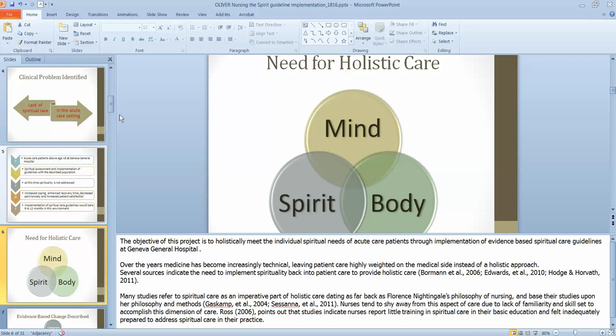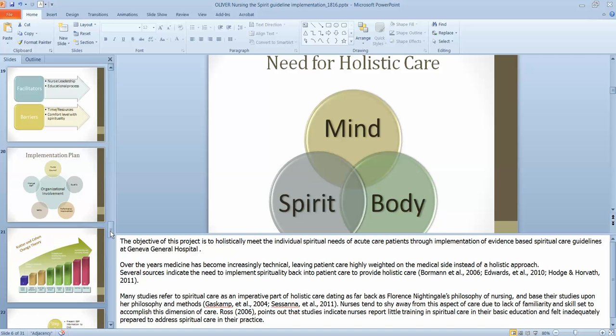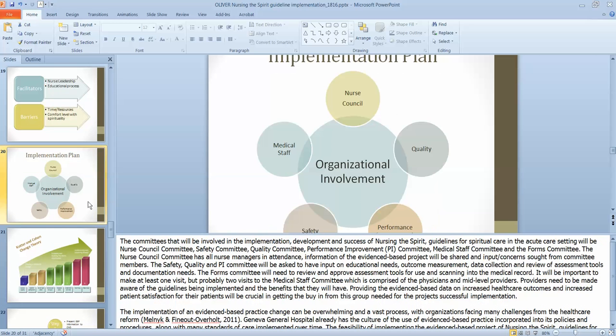And there's another area you needed to address in the implementation plan. Oh, I know what it was. In the implementation plan, so let's go down to those slides. You describe the implementation plan, and what should be the next slide would be the one describing the leadership theory you're using.